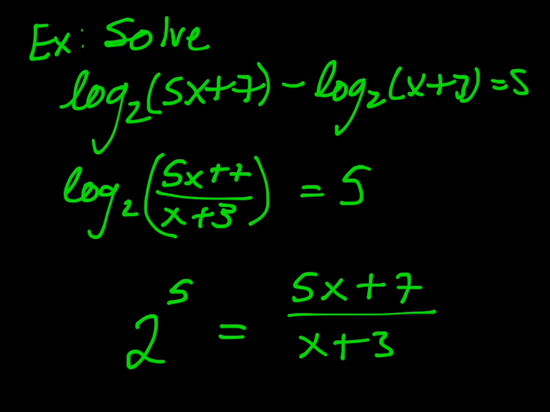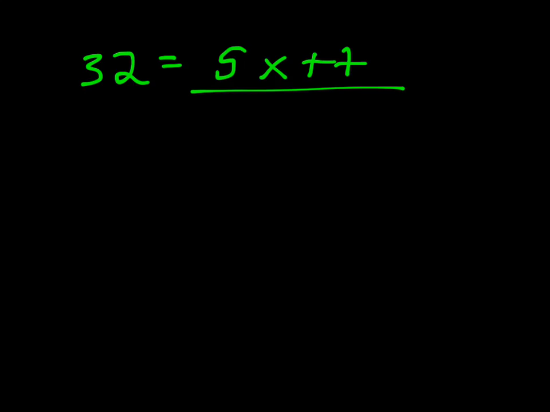Alright? Okay, so let's see. 2 to the 5 is 32, and then we have 5x plus 7 all over x plus 3. So then we can cross multiply here and solve for x.